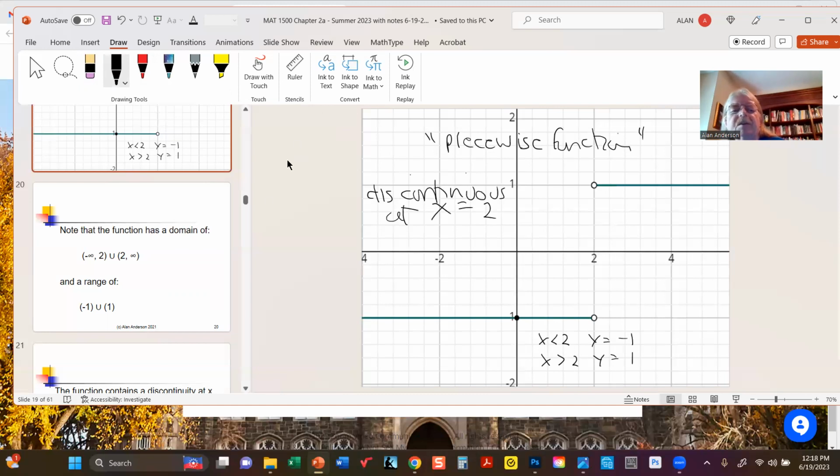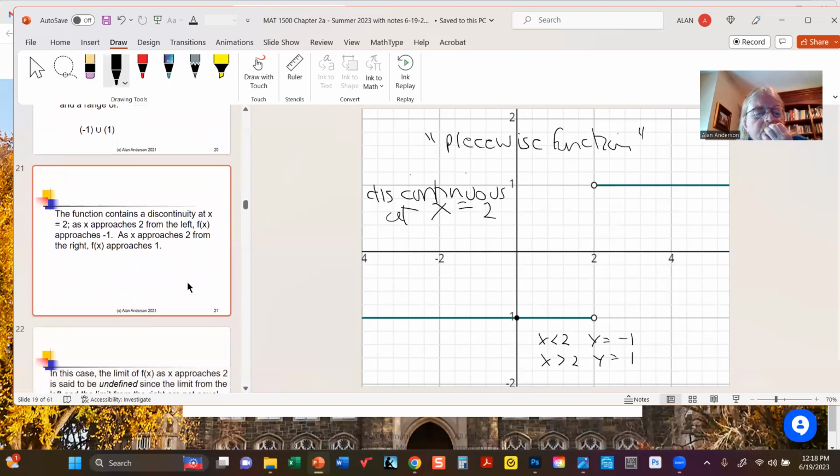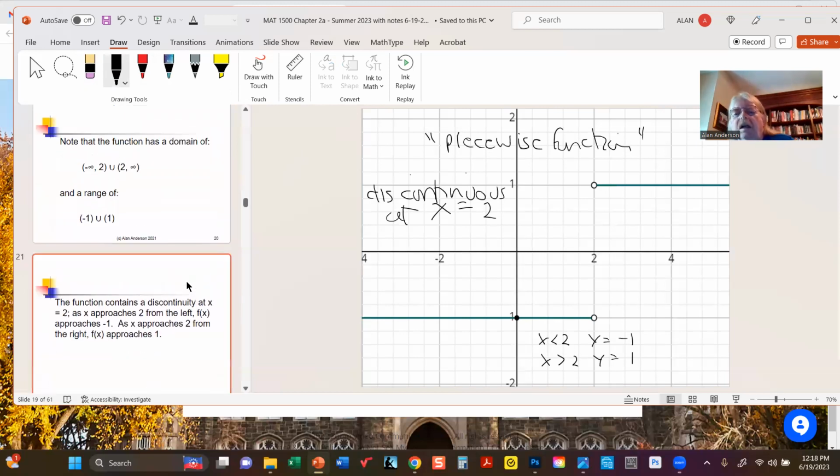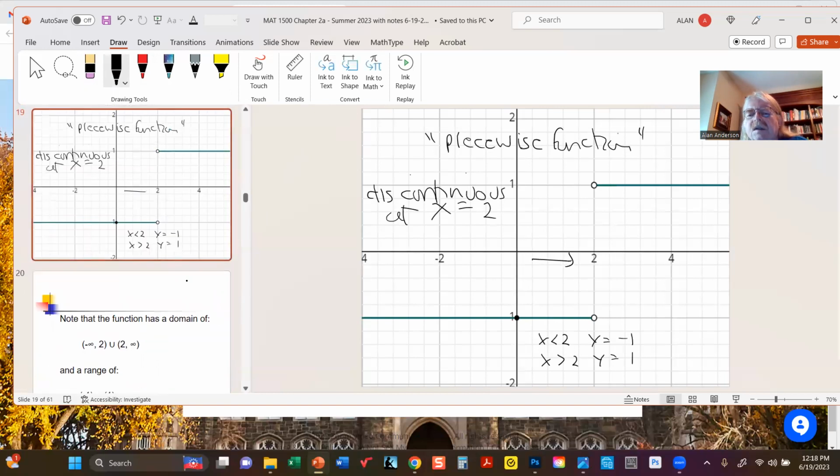Now, here's the bizarre part. The limit as x gets closer to 2 from the left is negative 1. The limit as x approaches 2 from the right, as it's called, is positive 1.